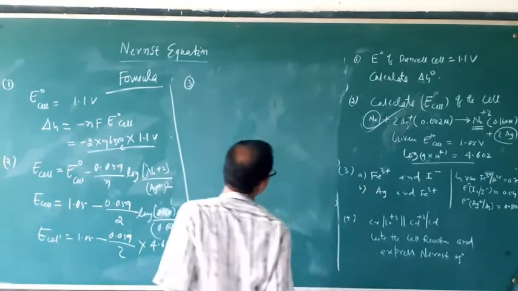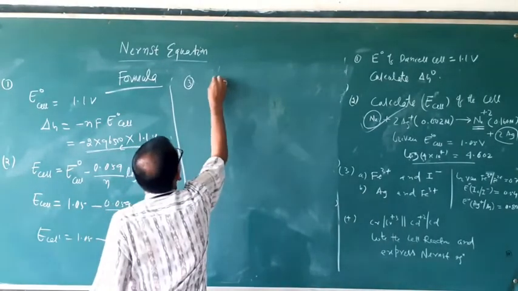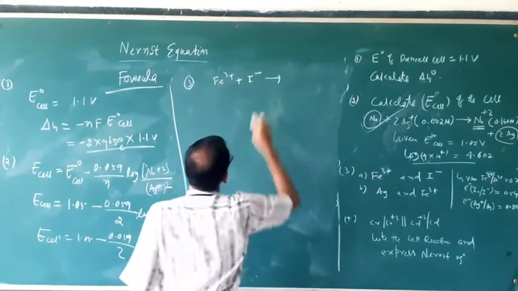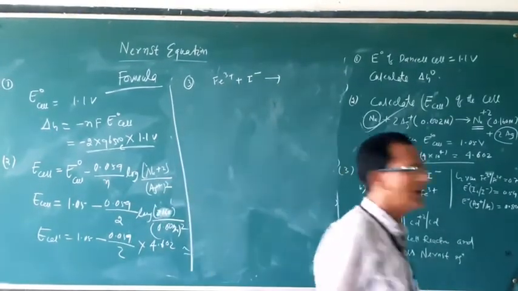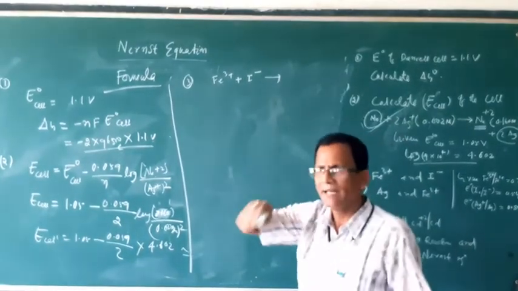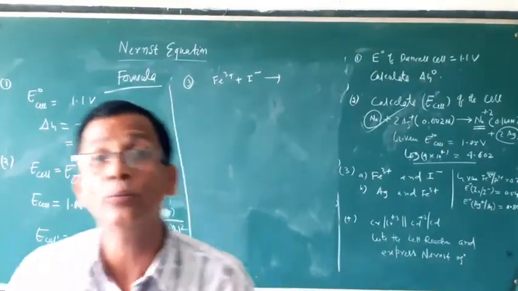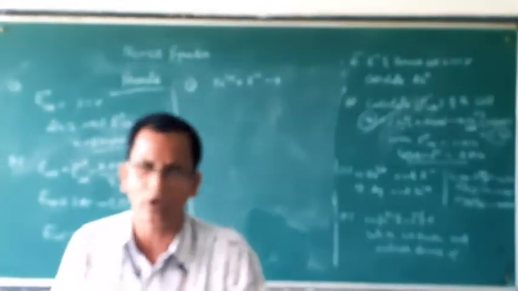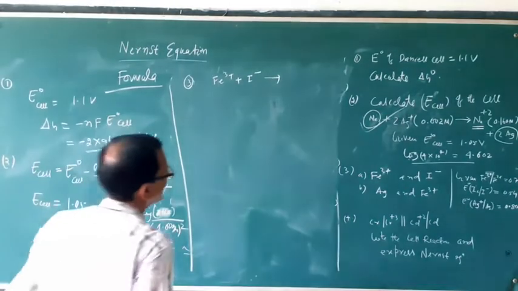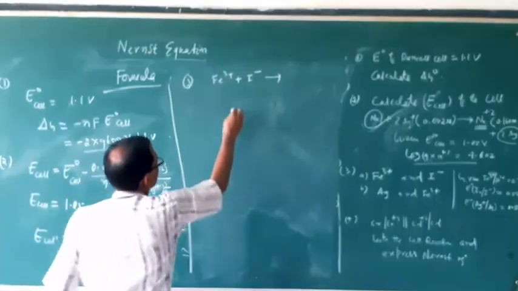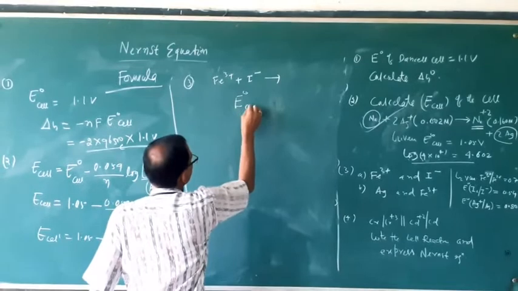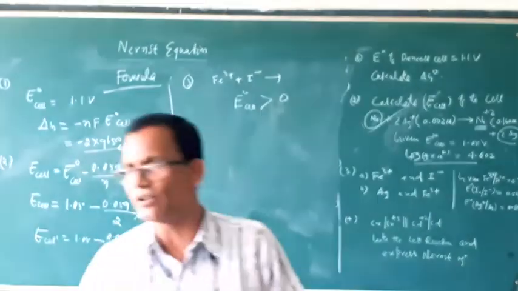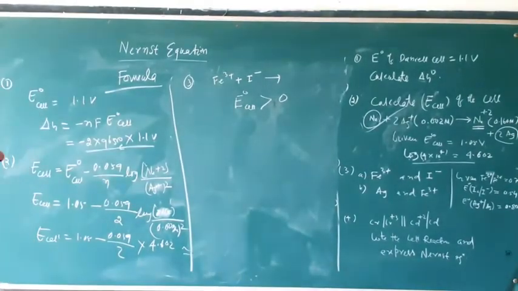Fe3 plus ion plus I minus, whether this reaction is possible or not, whether it is feasible or not, we will prove. But we know that for feasibility, E naught cell should be greater than 0. For a feasible reaction, already we have discussed E naught should be greater than 0.